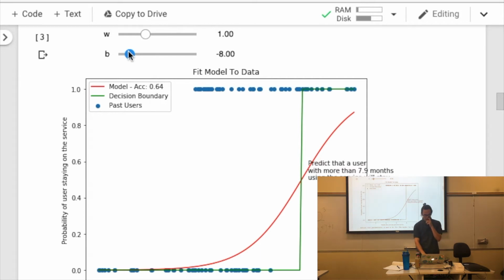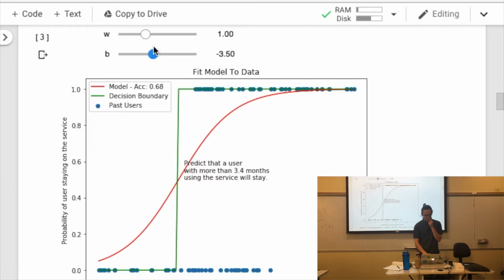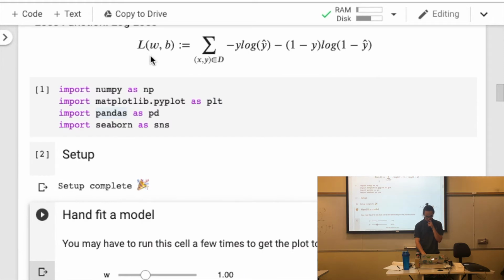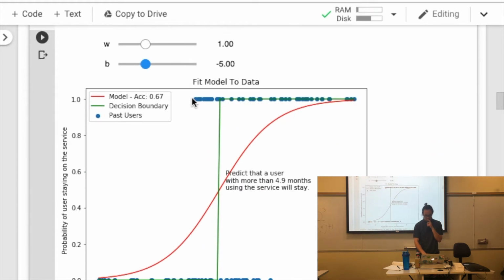But if I move my B, let's see if I can fit it to get a little bit higher accuracy. Okay, my accuracy went up a little bit, right? So now I'm correctly classifying 67 of my customers. And you can see that I've incorrectly classified these, and those, but I can't do that much better.